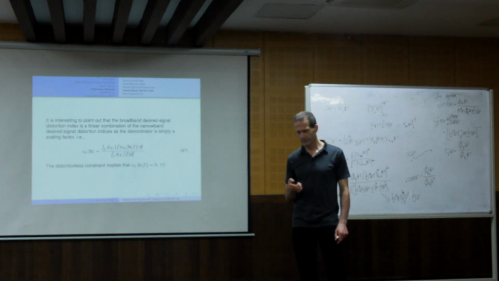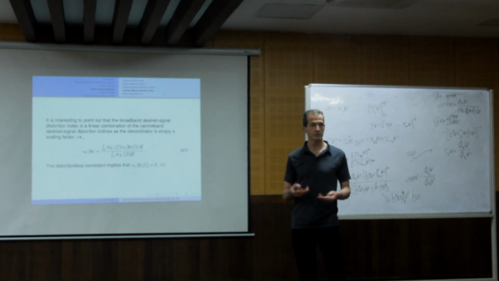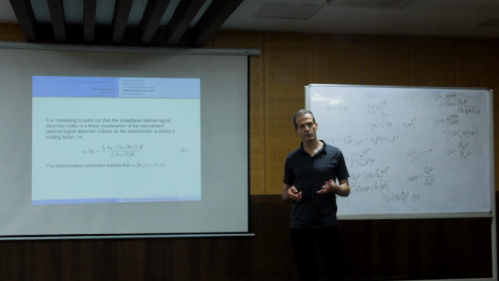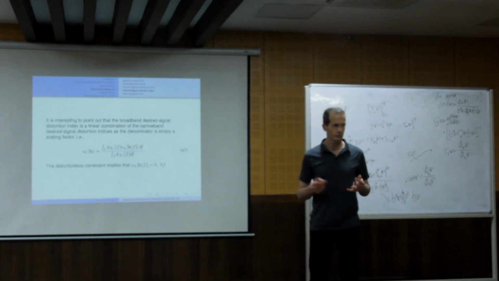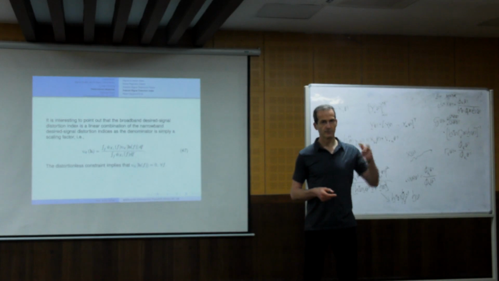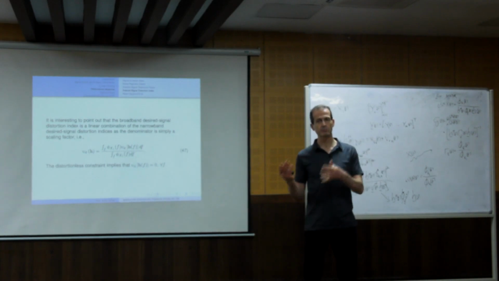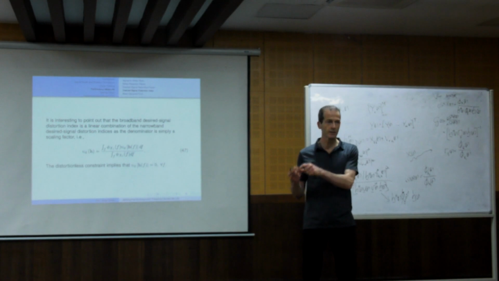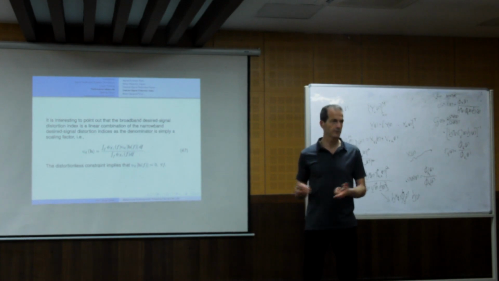If I have some distortion in some components of the signal, like a percentage, it's normalized between 0 and 1. And so 10% distortion in strong components is much more significant than 10% distortion in weak signal components.